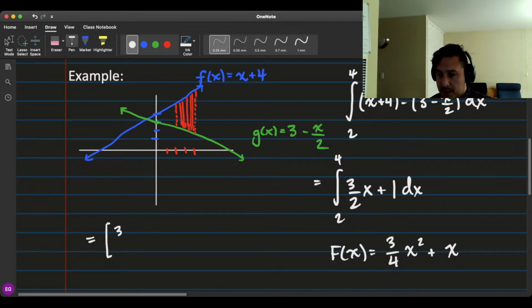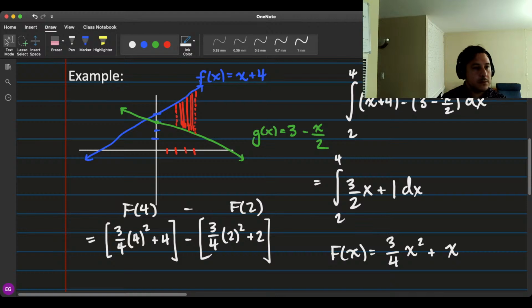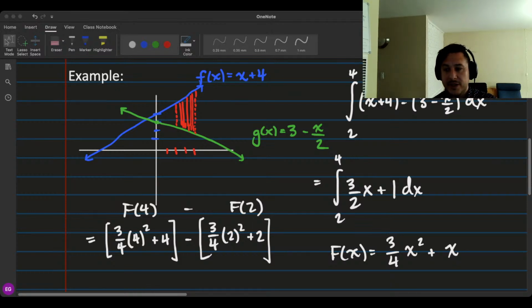So we're going to get 3/4 4 squared plus 4 minus 3/4 2 squared plus 2. Right, this is F of 4 minus F of 2. So I'm just going to leave that there for a second.